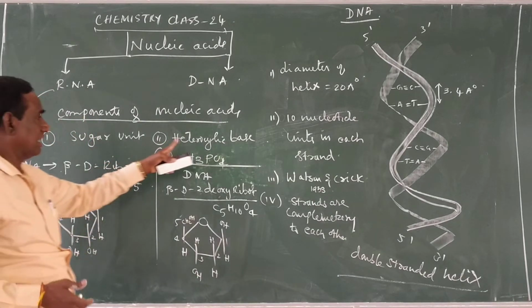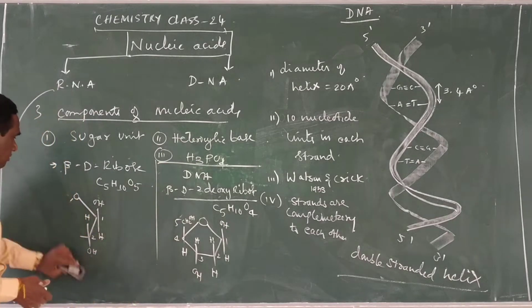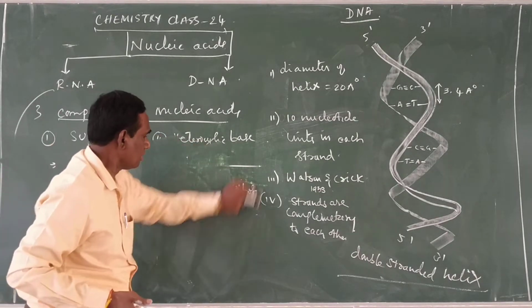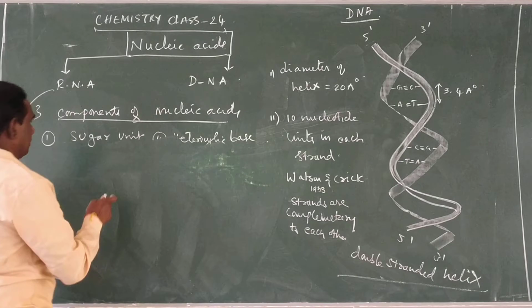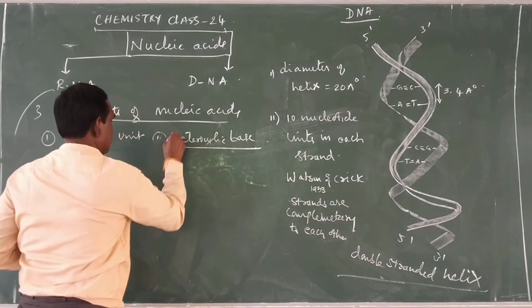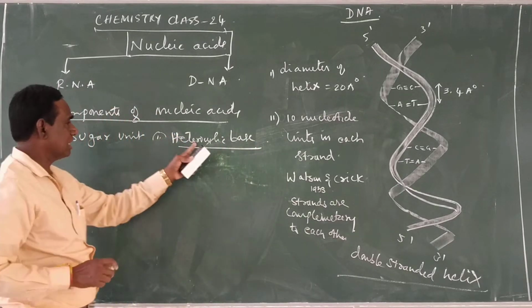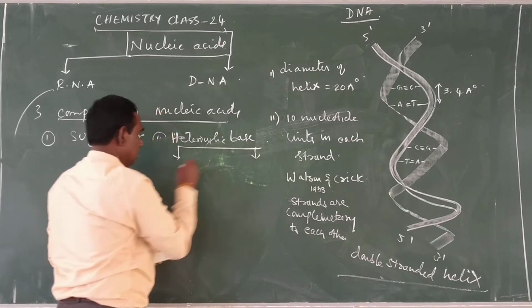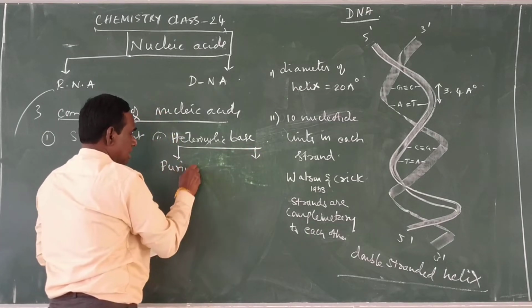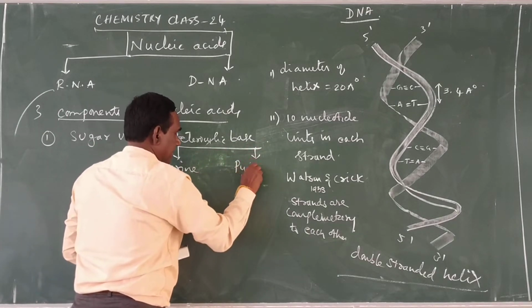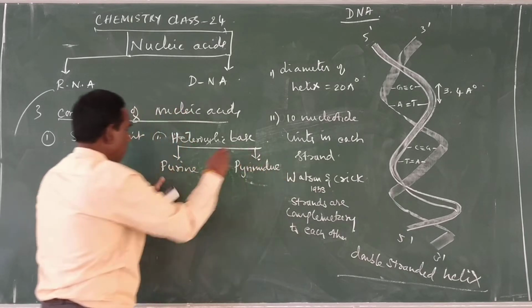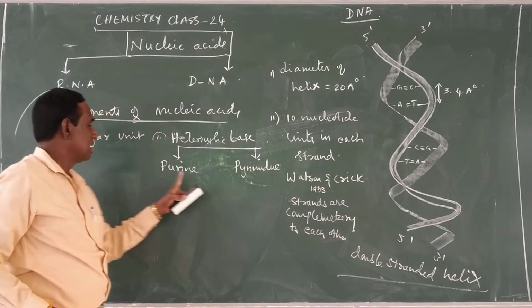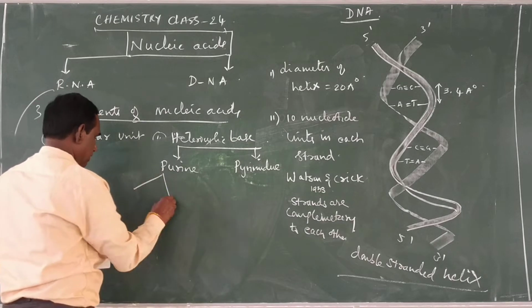The second component of nucleic acid is the heterocyclic base. Heterocyclic bases are of two types: purine bases and pyrimidine bases.